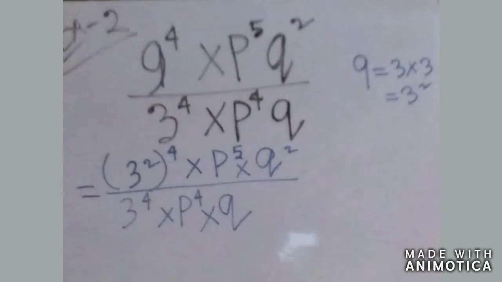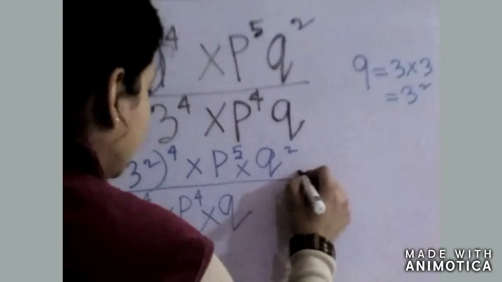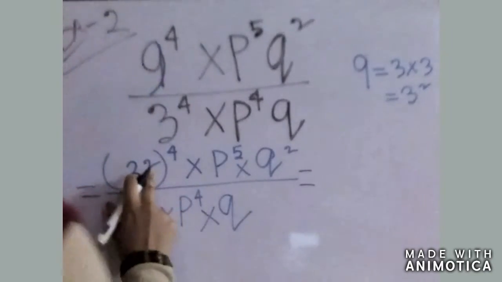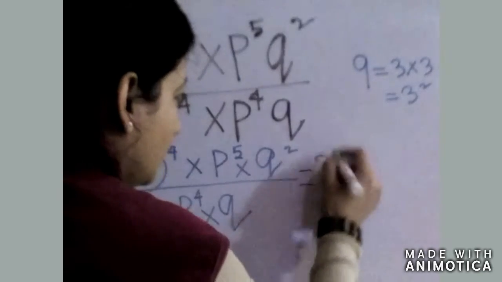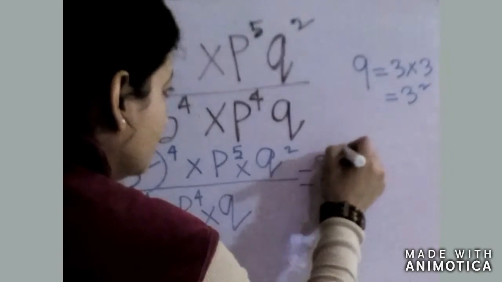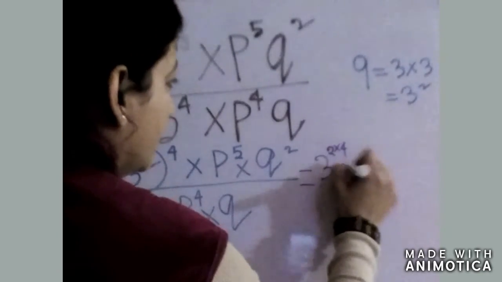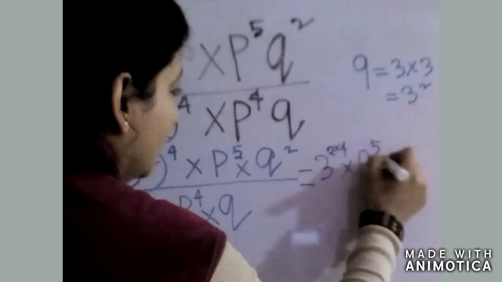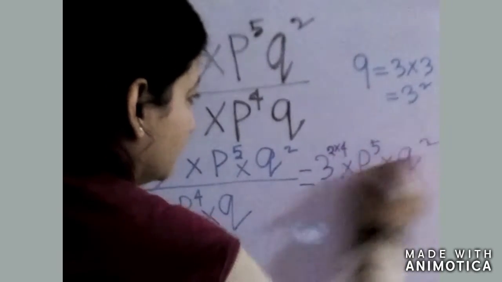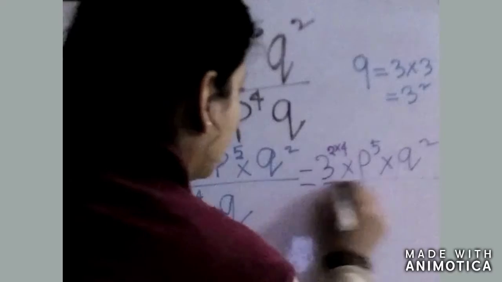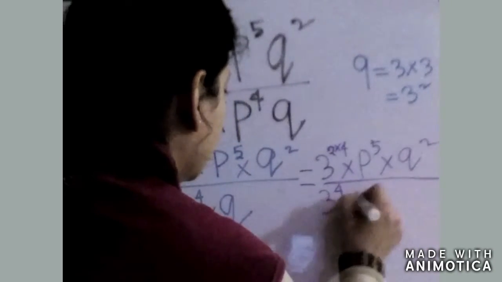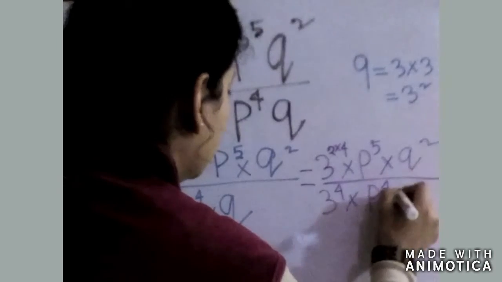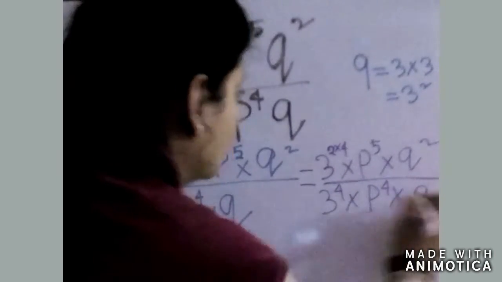Okay, up to this, and then we are writing 3 square whole to the power 4. So according to the rule, it will be 2 into 4, p to the power 5 into q square by 3 to the power 4 into p to the power 4 into q.